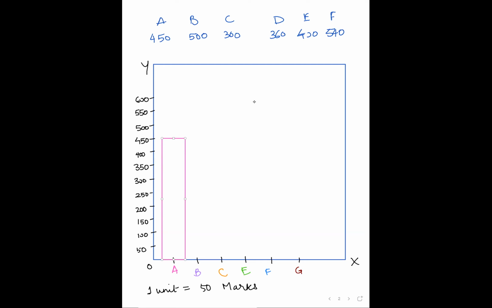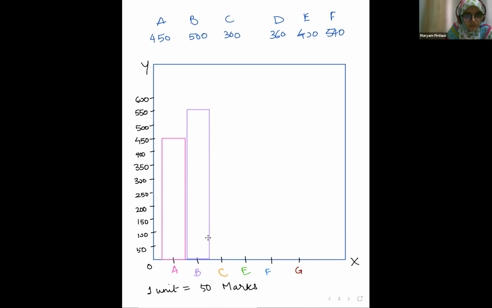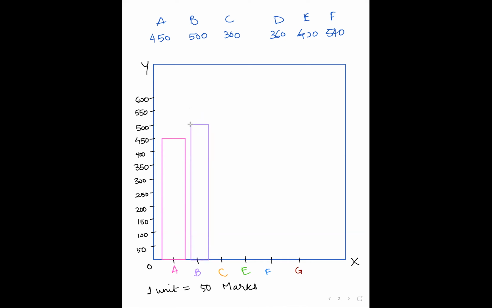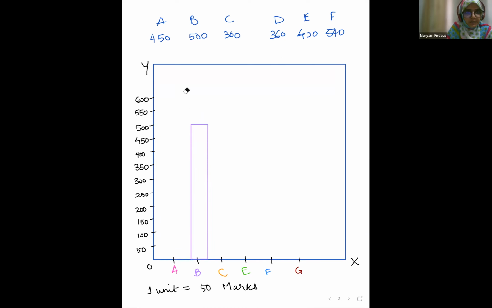B is on 500. So let's do that. What is the number for B? C is 300. No, 400.